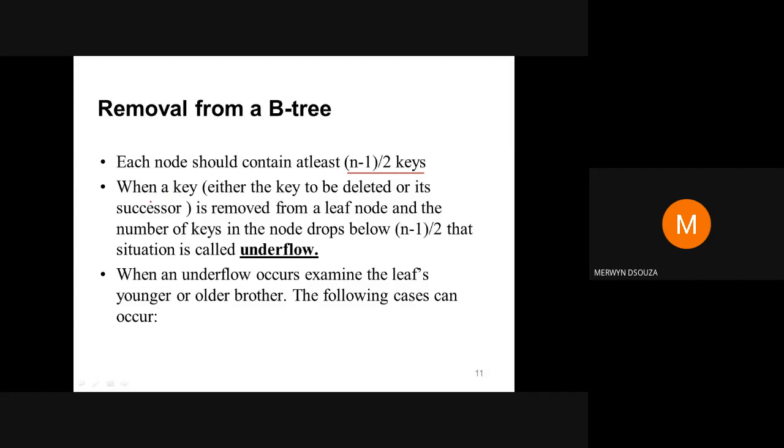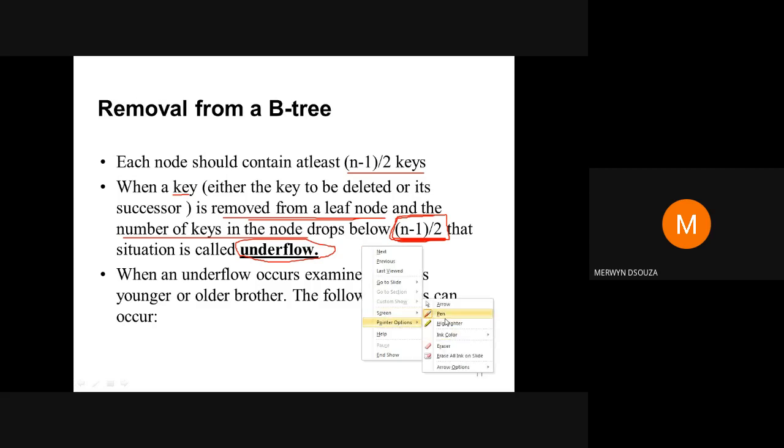Whenever you delete a key from the leaf node and the number of keys in the node drops below (n minus 1) divided by 2, that situation is called an underflow.